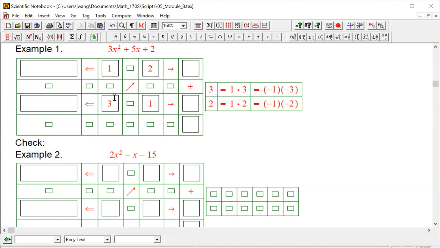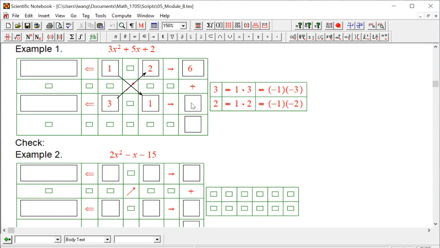If we do the cross multiplication, 3 times 2 is 6, 1 times 1 is 1. So 6 plus 1 is 7. 7 does not match the +5. So this option, 2 times 1, doesn't work.